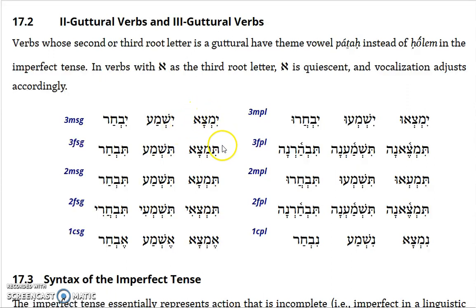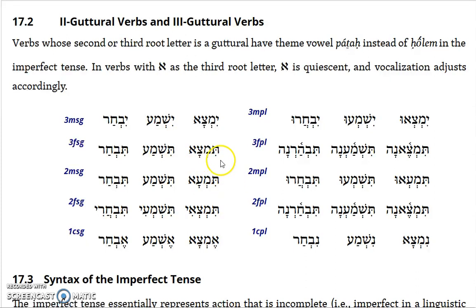And then with the third aleph, there are a couple of modifications. One, the theme vowel ends up being a long a. With these other gutturals, you end up with a short a, but you get a long a here. So to find is matsa, and yimtsa would have a long a rather than a short a as the main vowel.